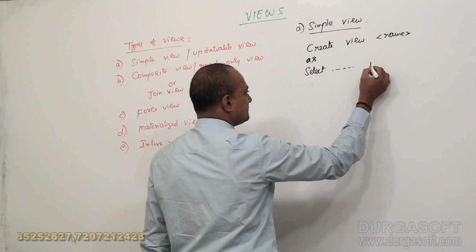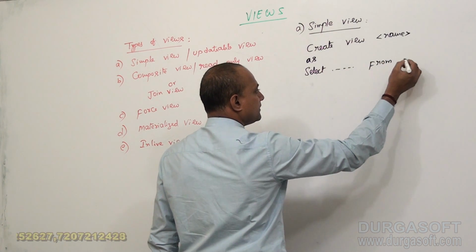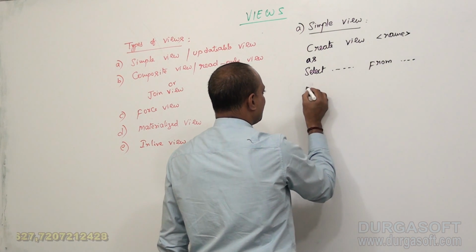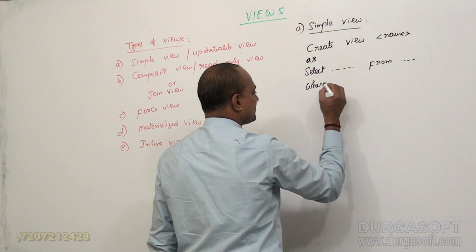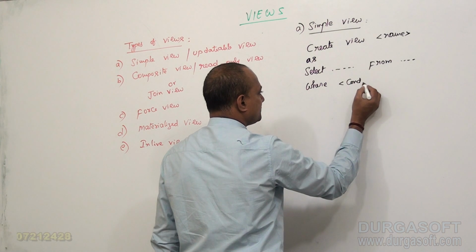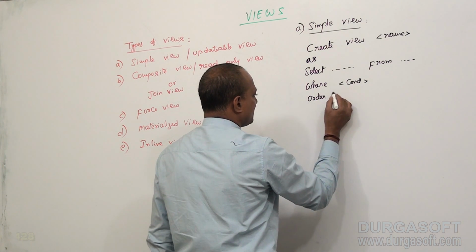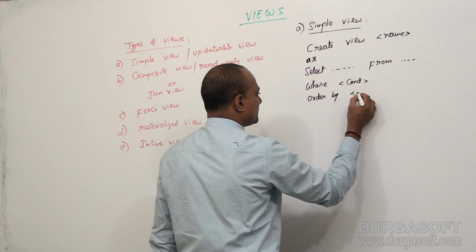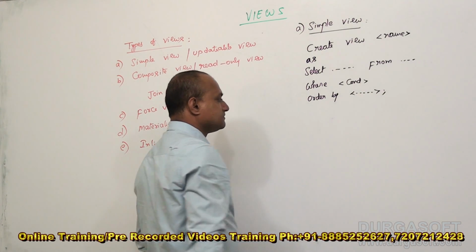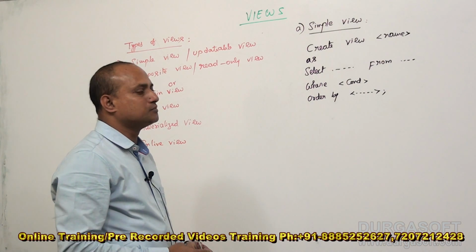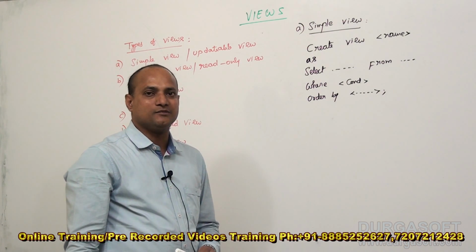Select your data from table with where condition, and you can also use order by clause on columns. This is the creation of a view based on single table data.